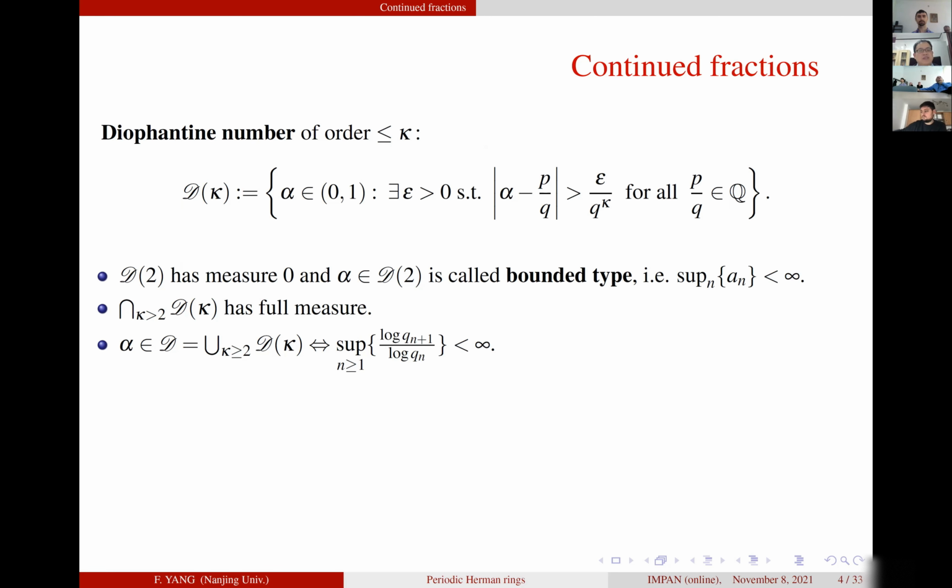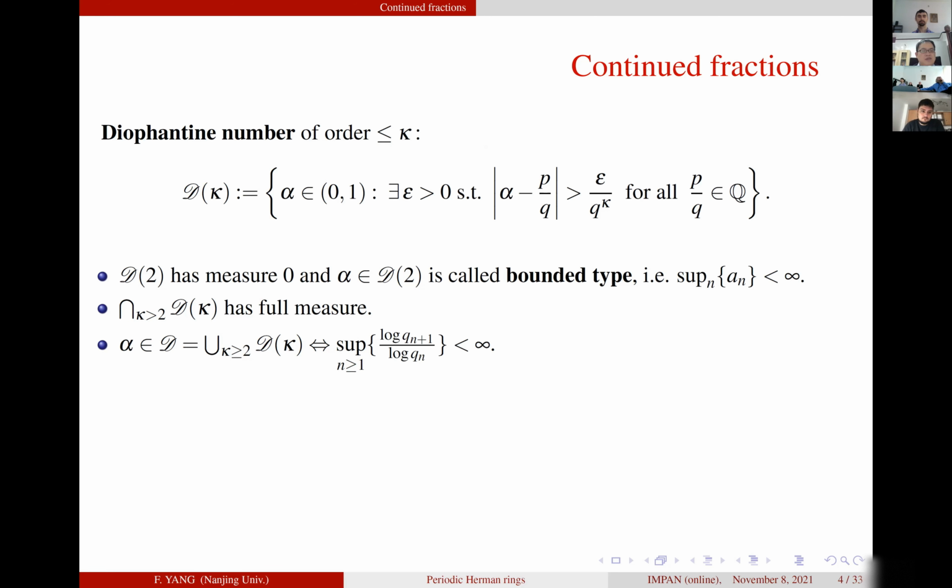D2 has measure 0, and every irrational number in D2 is called of bounded type. That means the continued fraction expansion integers have an upper bound, and the intersection of all D kappa with kappa greater than 2 has full measure.